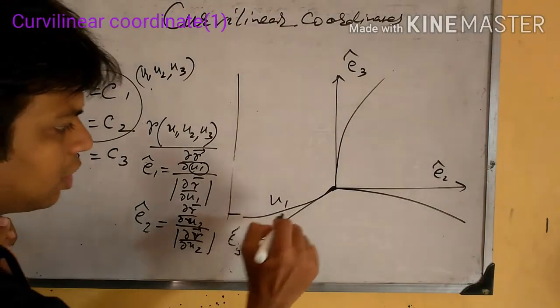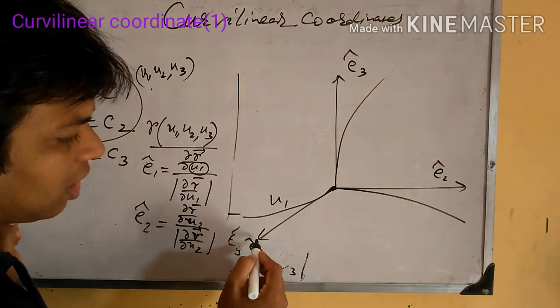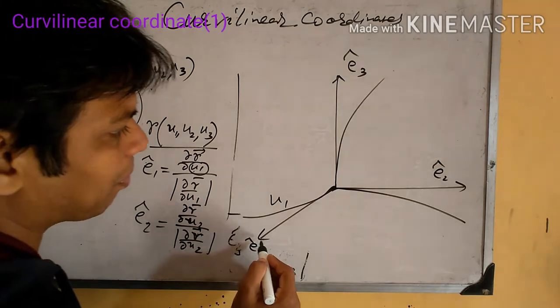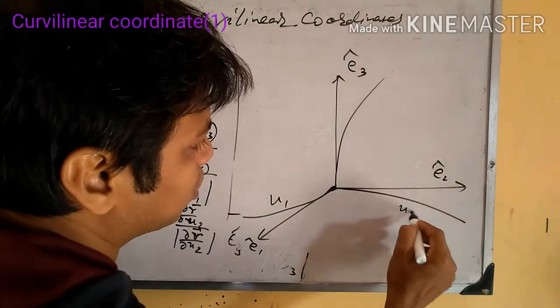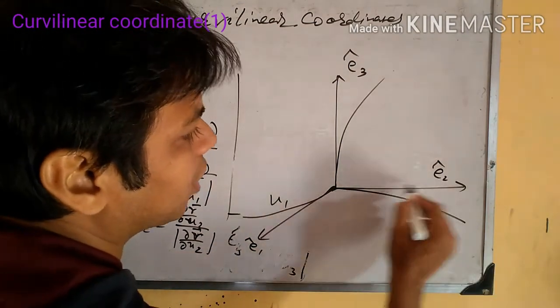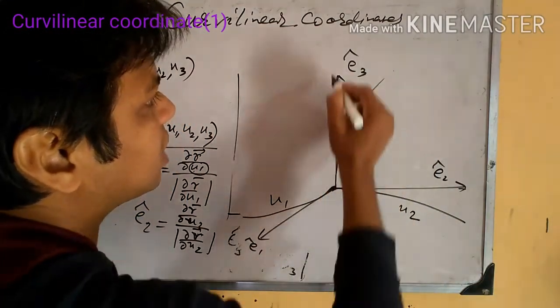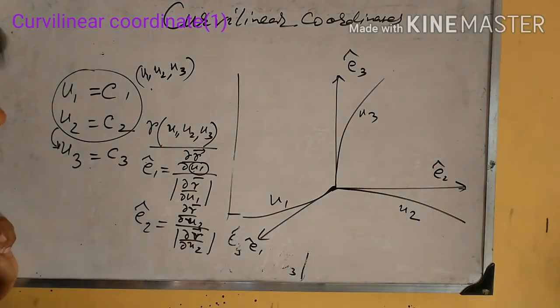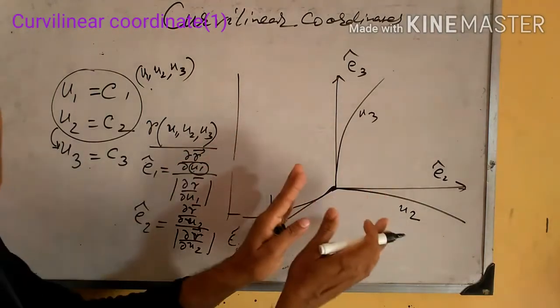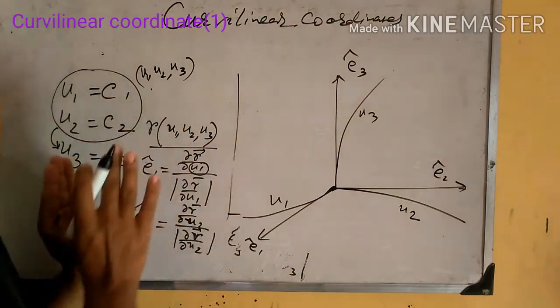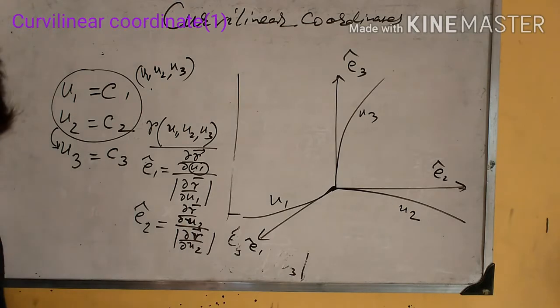We can take this as the U1 curve, so the tangential unit vector is E1 cap. Here it is the U2 curve, so the tangential unit vector is E2 hat, and this is the U3 curve, with tangential unit vector E3 hat. The concept is very similar to the Cartesian system of coordinates.